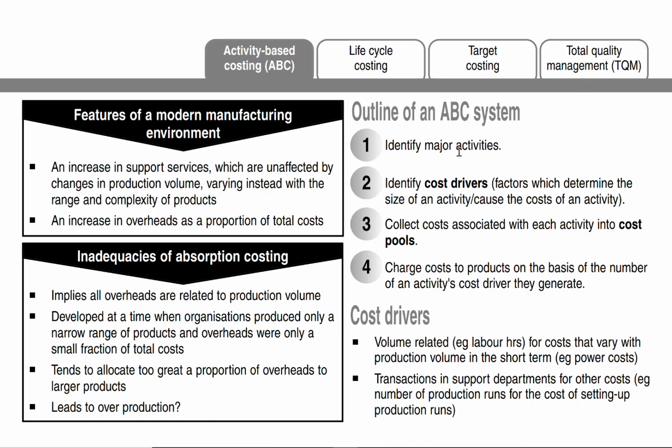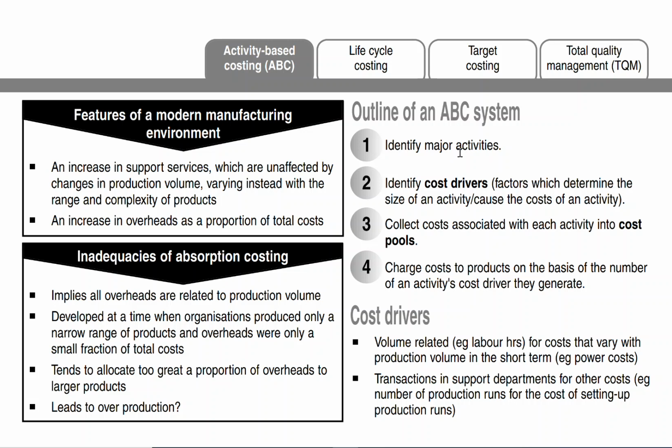And then we find the cost relating to those activities. In absorption costing, we allocated and apportioned cost to the department. Here we allocate and apportion cost to the activity. So all the cost relating to ordering will be put in the ordering activity. All the costs relating to scheduling will be put in the scheduling activity.